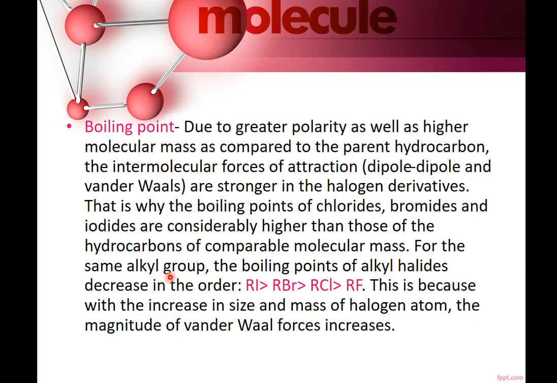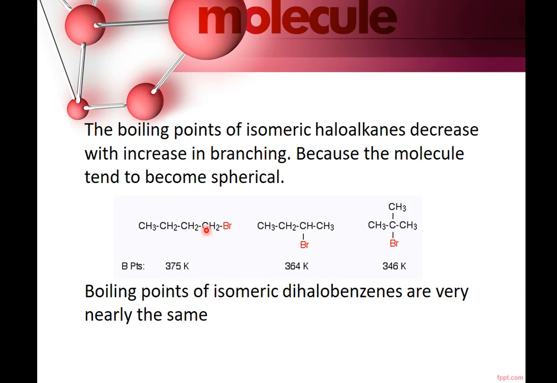For the same alkyl group, the boiling point decreases in this order: maximum boiling point for alkyl iodide, then alkyl bromide, chloride and then fluoride. This is because with increase in size and mass of the halogen atom, the magnitude of van der Waals forces increases.